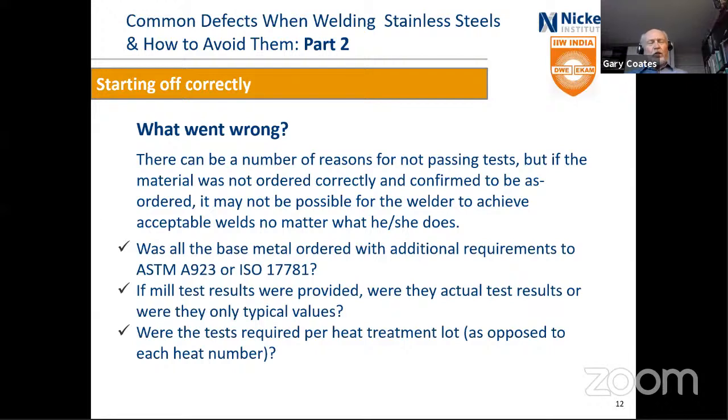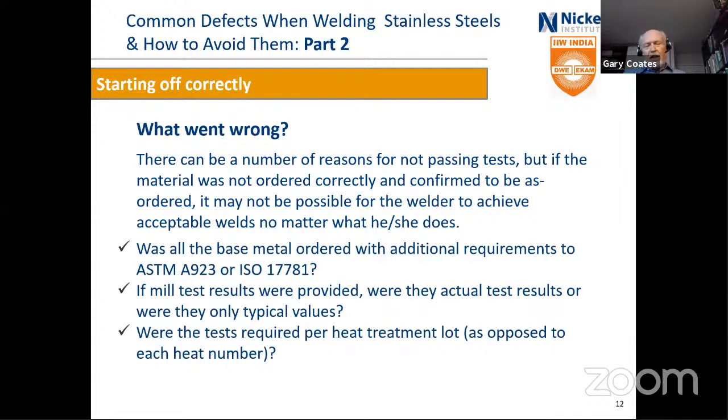And then you should ask for the test to be done per heat treatment lot rather than a heat number. A heat of duplex stainless steel might be somewhere between 50 and 150 tons.